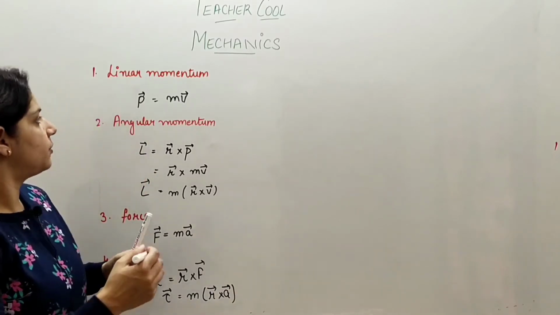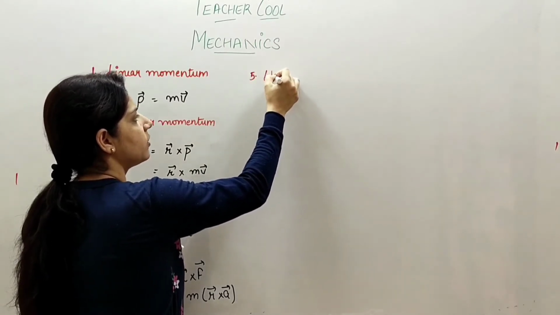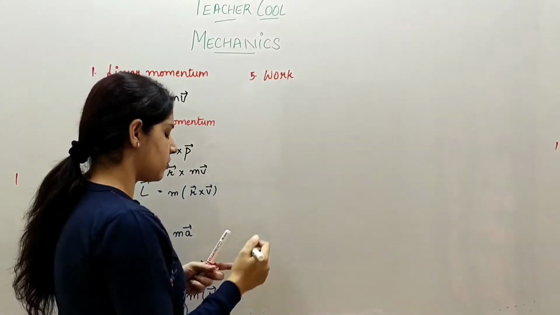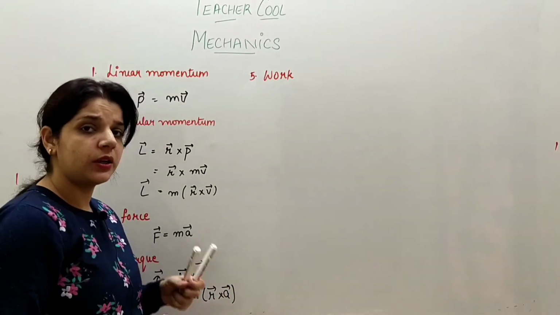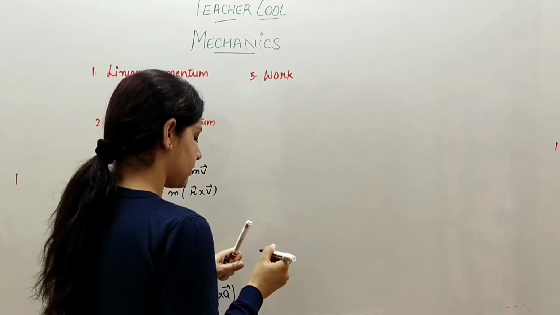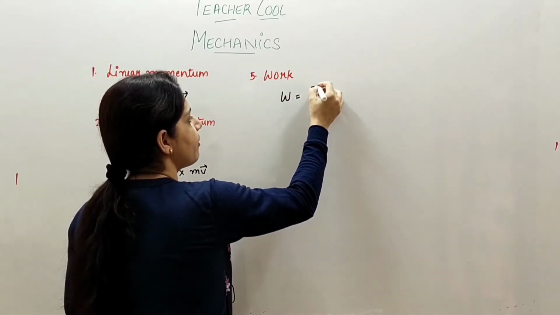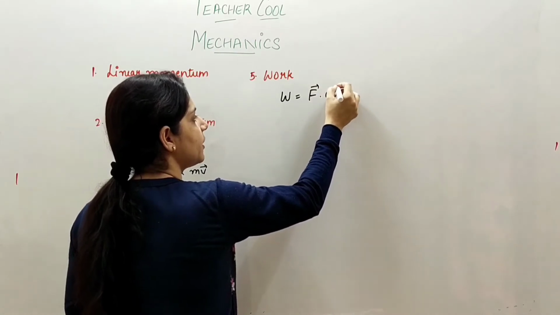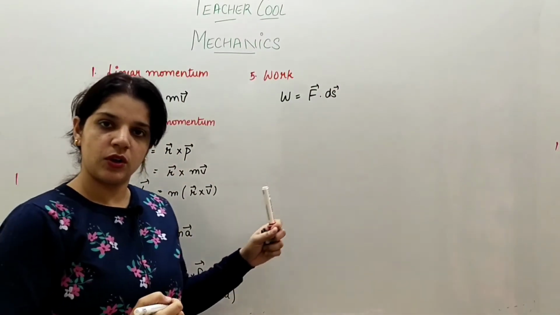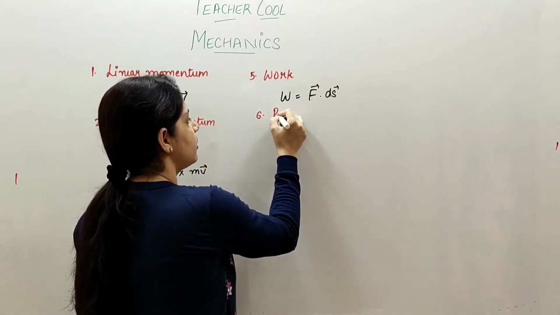Now the next term, the fifth one, will be work, because everything is revolving around work only. What is the work done, what kind of work we can get done? So work is given by, work is equal to F vector dot ds vector. We all know this. Then the sixth is power.